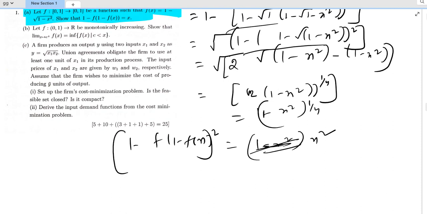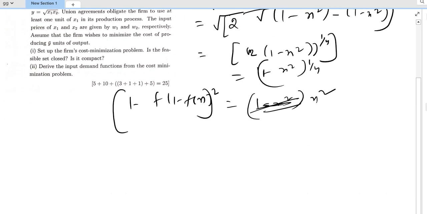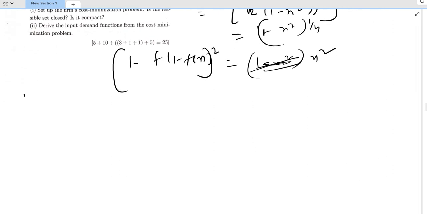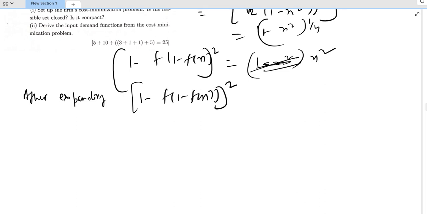Expanding the left side and substituting the expression of f(x), we get 1 minus f of 1 minus f(x) squared, so in this case 1 minus f(x) squared we have.